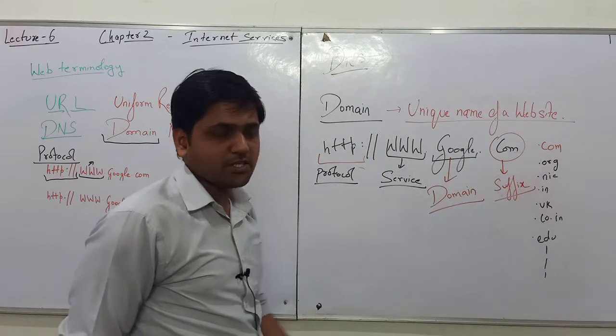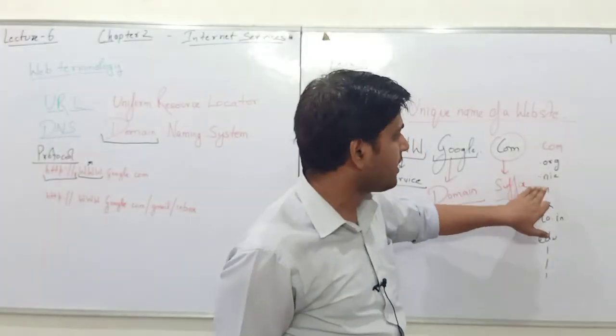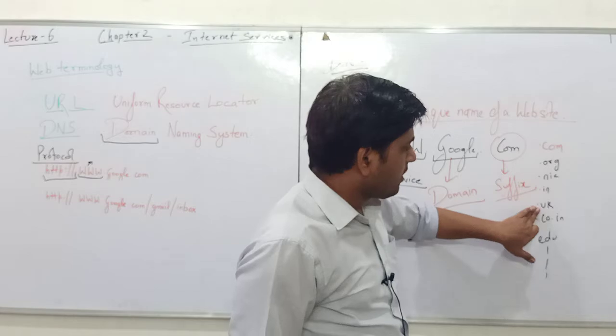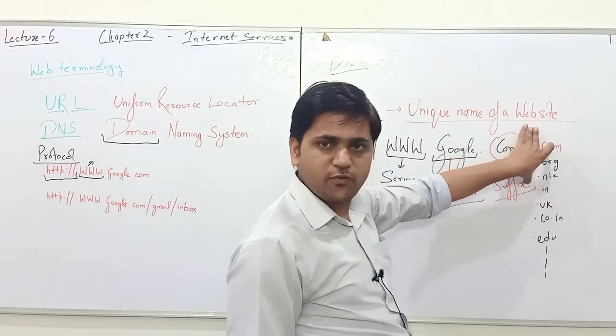If you are making an organization site, then you use www.google.org. It means an organization site. National site, Indian site, American site, any site you make, you use the proper suffix for that.